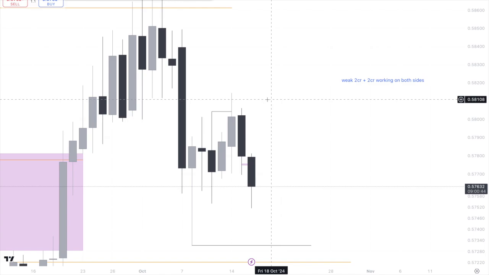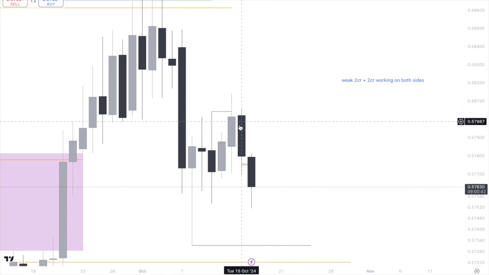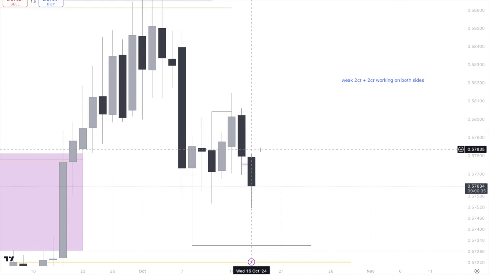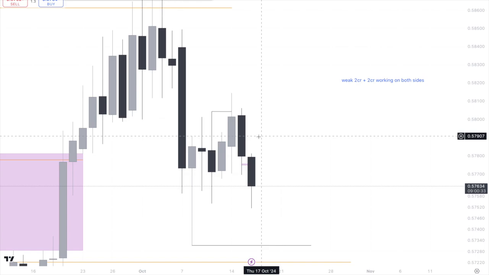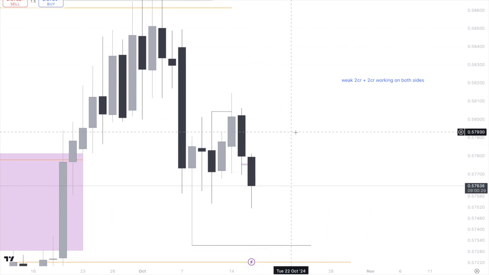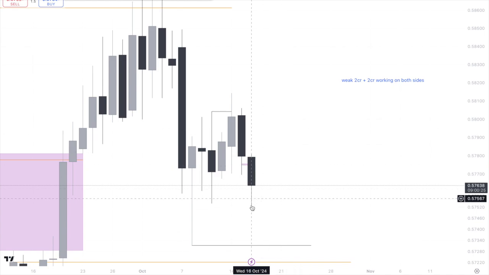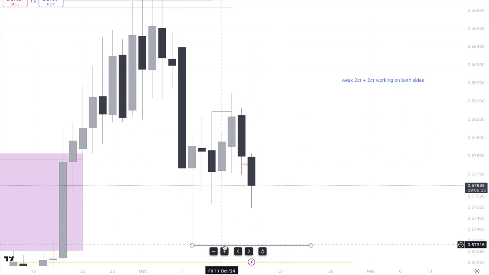However, we do get some fairly heavy downward bodied candles next. So despite that, we're still looking like we might head downwards, and ultimately towards this daily, what would be the daily context down here.